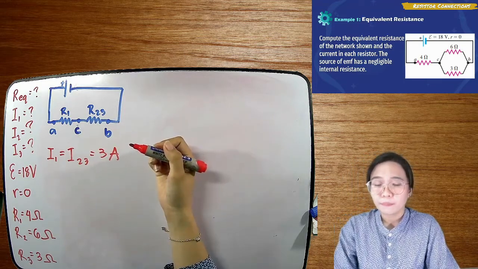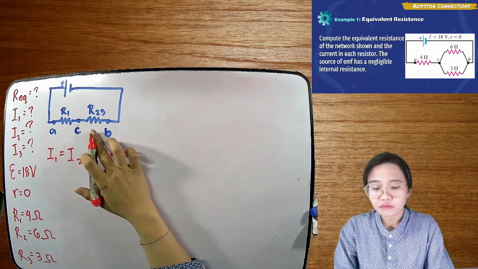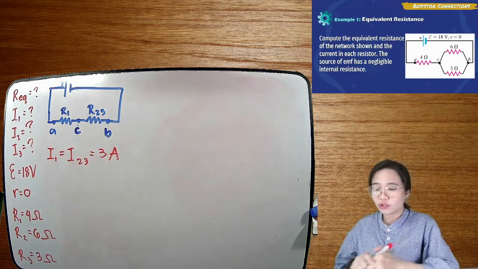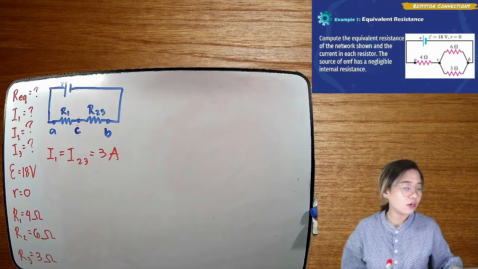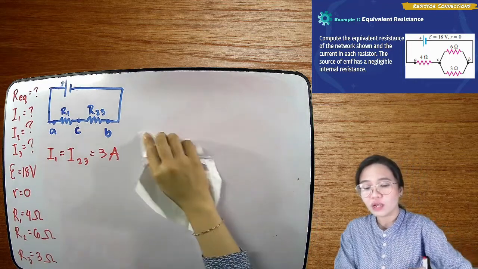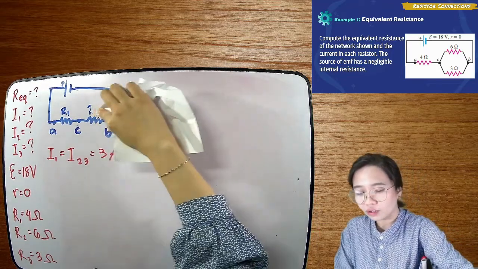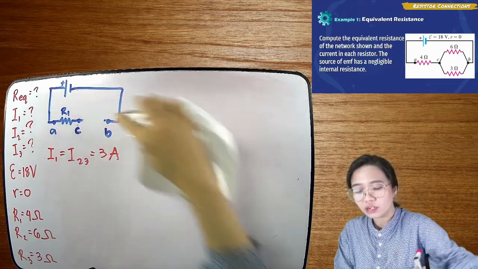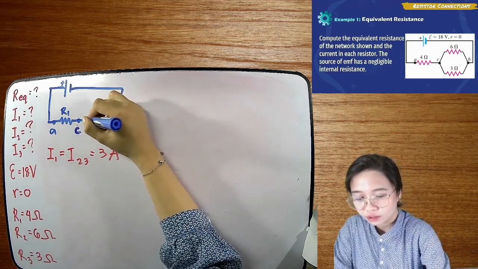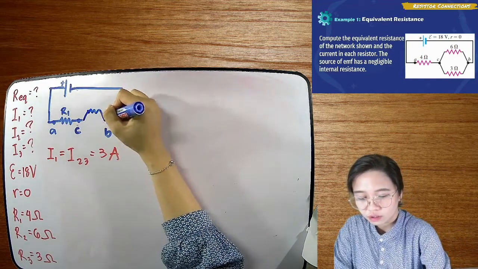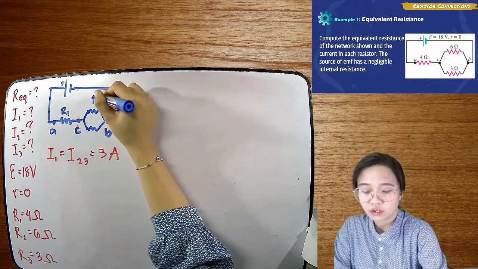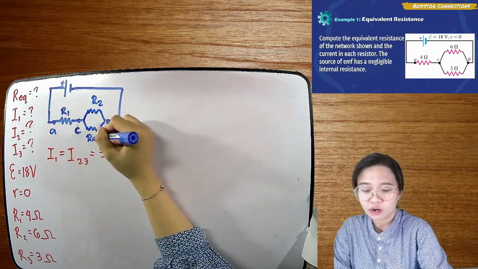But here your R23, your R2 and your R3, are originally in parallel connection. This is our R2 and this is our R3.